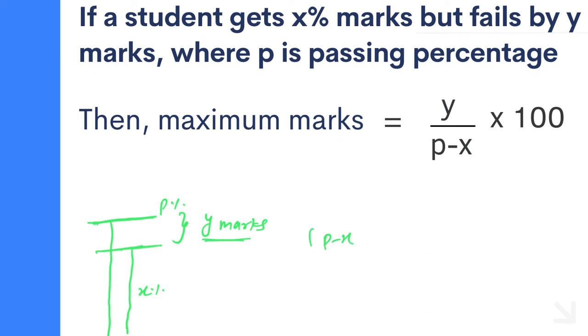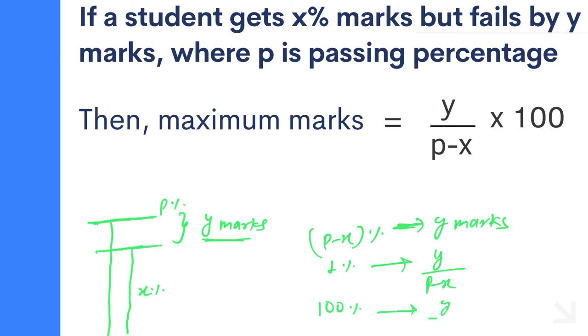So 1% equals Y divided by P minus X, or 100% equals Y divided by P minus X into 100. This is my formula, and remember, this formula is for maximum marks.